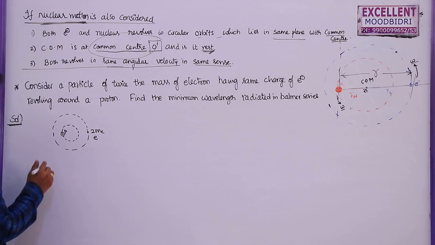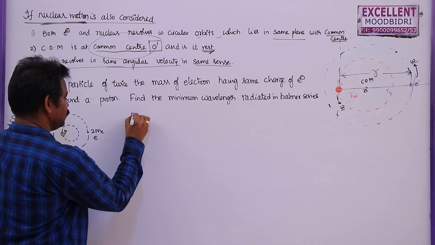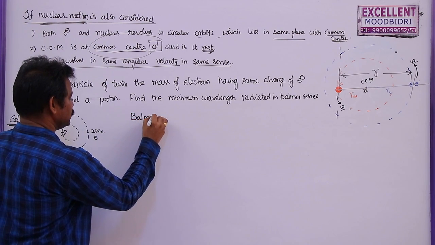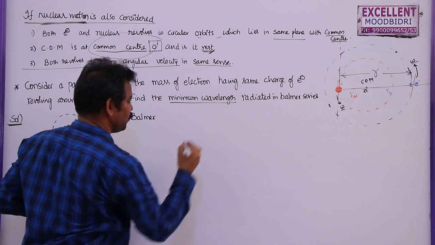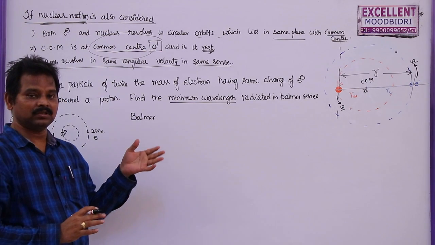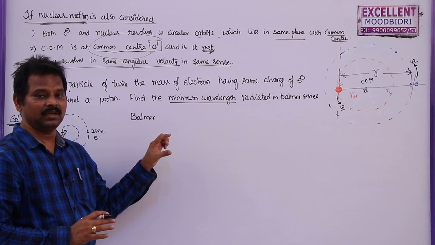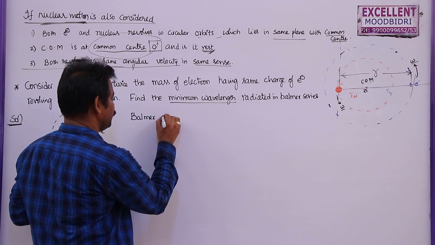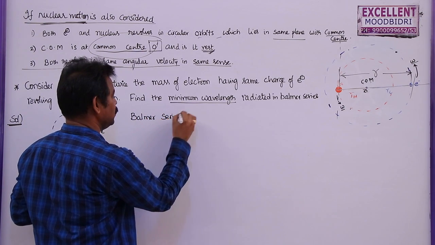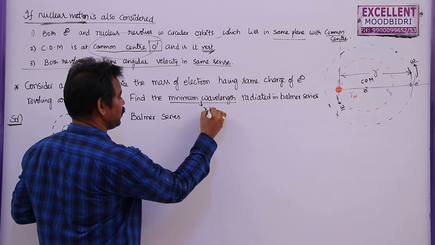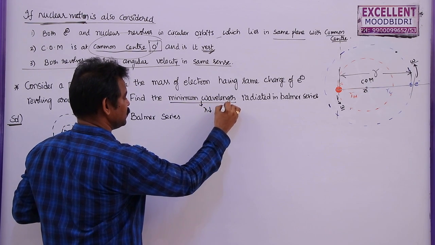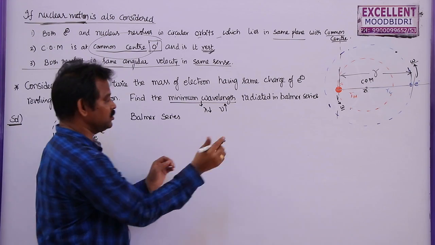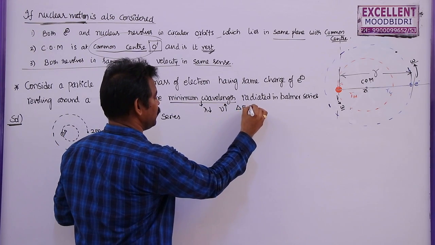For the Balmer series, as we are finding the minimum wavelength, minimum wavelength lambda means frequency must be maximum. Frequency maximum means change in energy should be maximum.